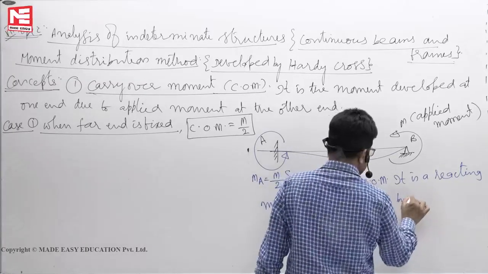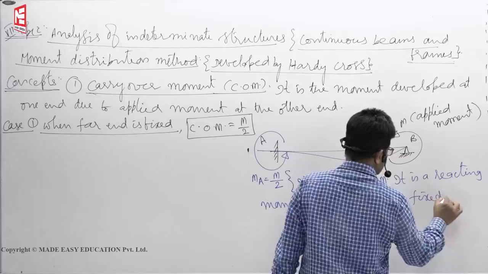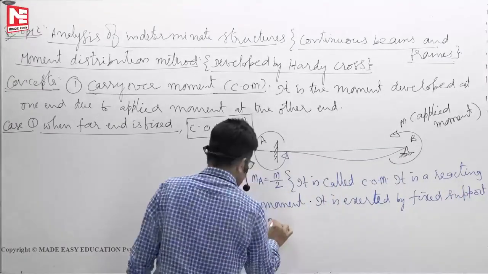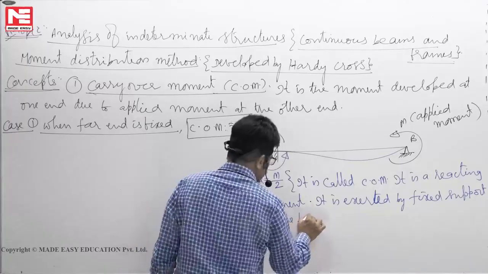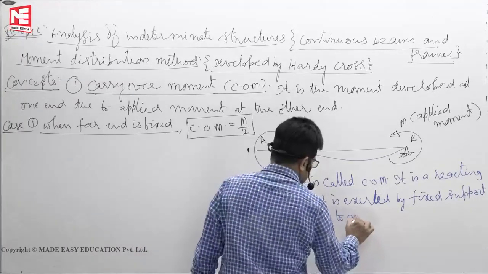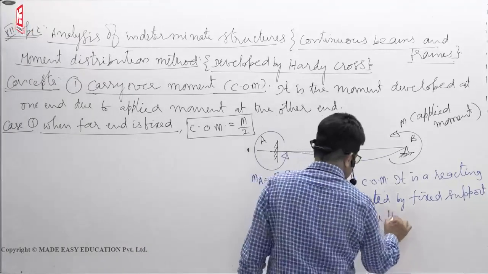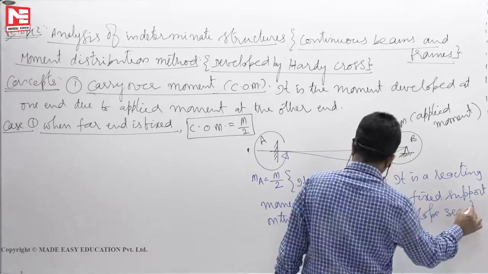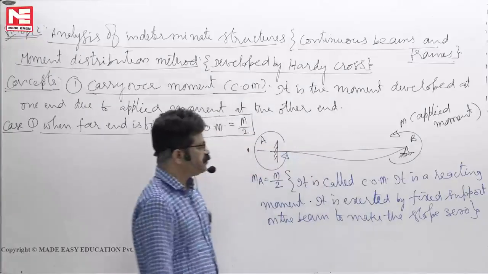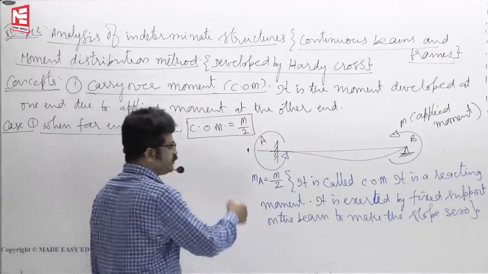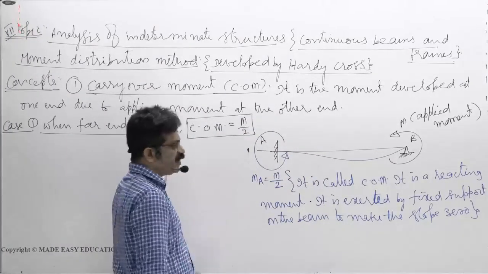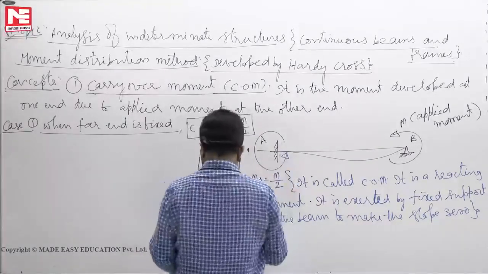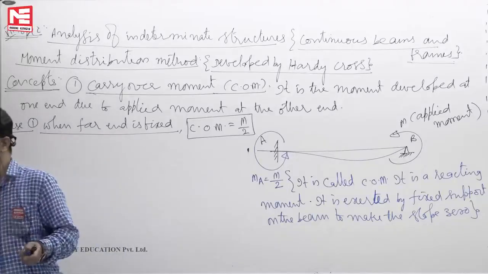Why? To make the slope 0. So it is developed by, or exerted by, the fixed support on the beam to make the slope 0. So that's why theta A is 0. We'll see later on why it should be M by 2.